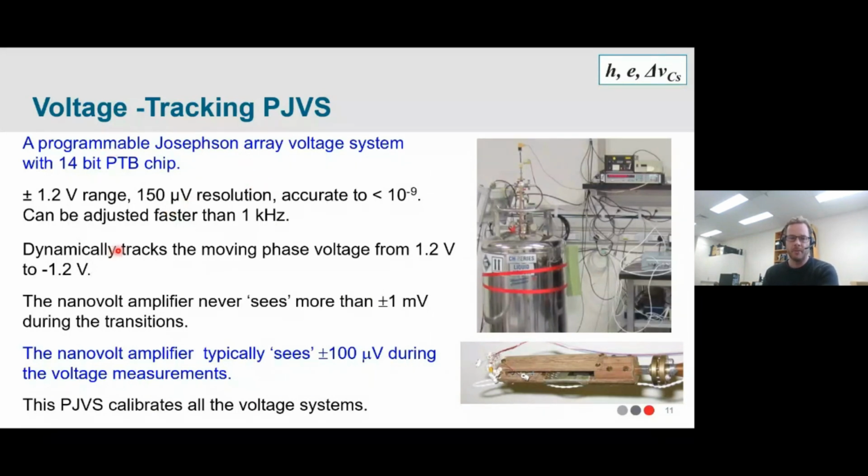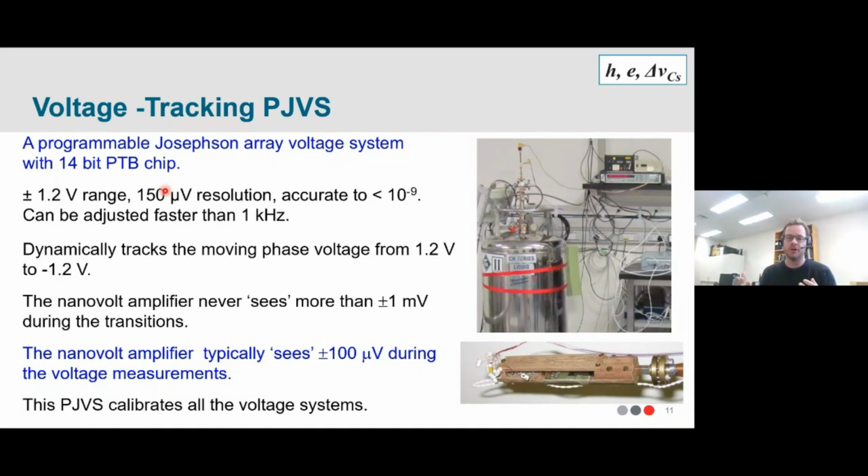And so at NRC, we operate a PTB Josephson array, where we can actually select the voltages that we want, and we'll know what those voltages are between plus or minus 1.2 volts to a resolution of about 150 microvolts. So that's what we can shift the Josephson levels to.